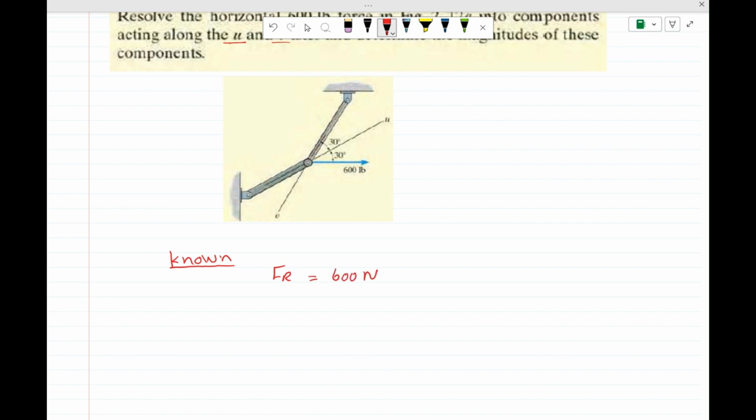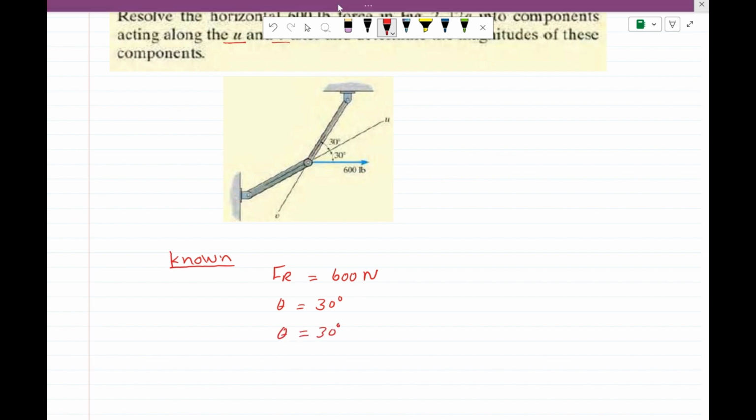We also know that one theta from the x-axis equals 30 degrees, and another theta equals 30 degrees from the y-axis. So what is needed is finding Fu and Fv.